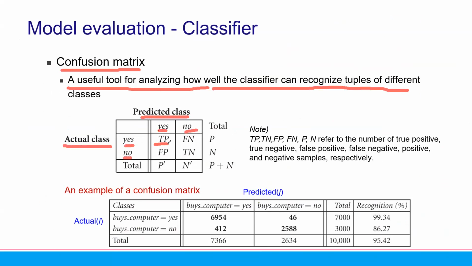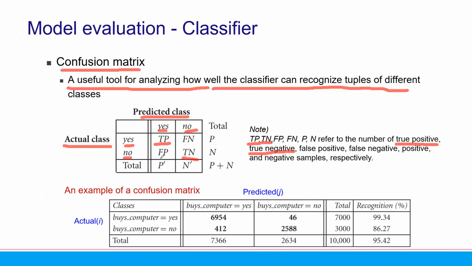We call it TP. What is TP? TP is the true positive. We have TN, we call this true negative.